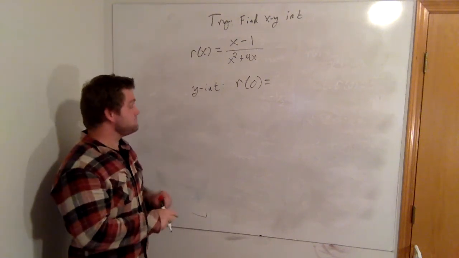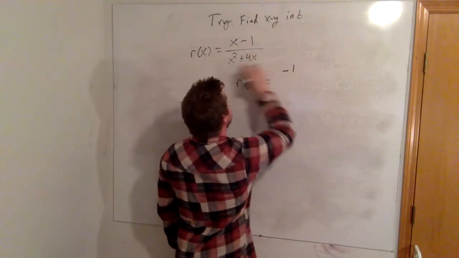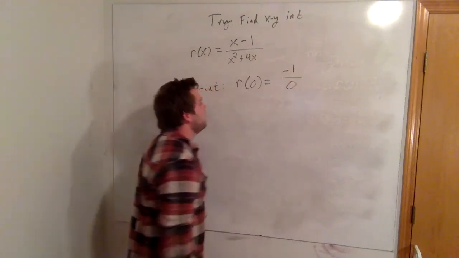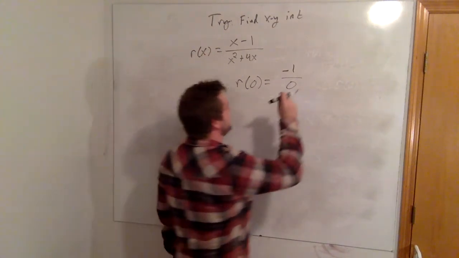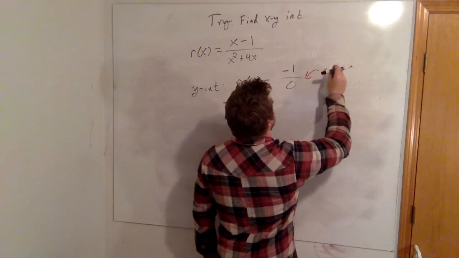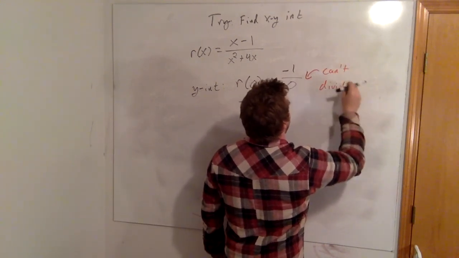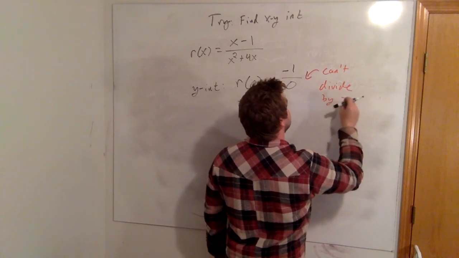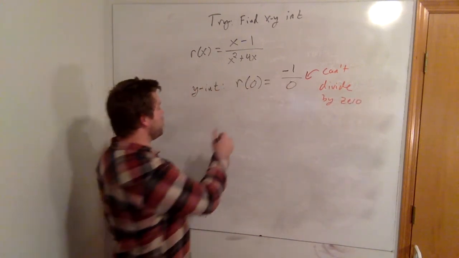If I plug in 0, notice what happens. I'm going to get -1 all over 0. Uh-oh, this is bad news. Can't divide by 0. So what this is telling us in this example is there is no y-intercept.